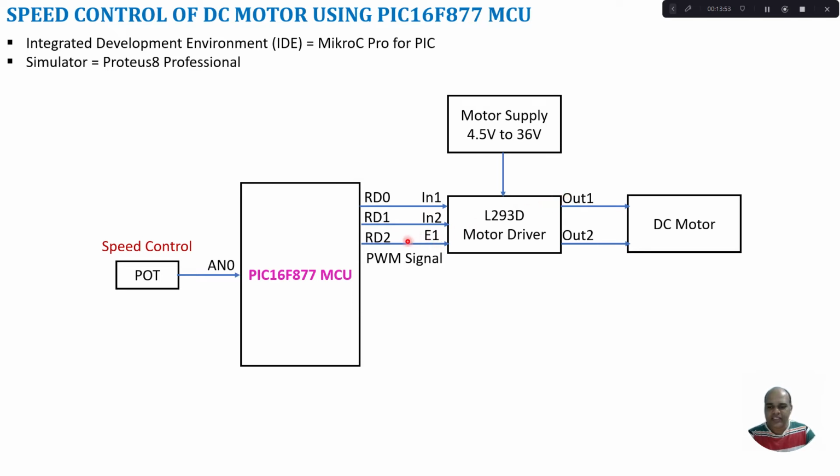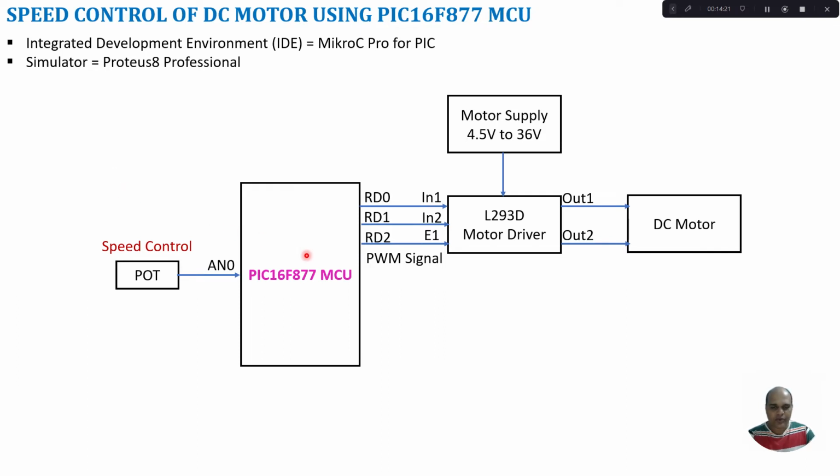By changing the on time of this enable signal, I can change the speed of the DC motor. For example, the wider the pulse, the higher the speed; the narrower the pulse, the lower the speed. The L293D motor driver is connected to the DC motor and is given a supply of 4.5 volt to 36 volt. This is the circuit block diagram for speed control of a DC motor.